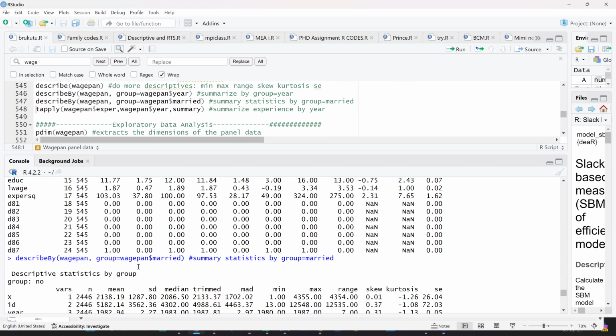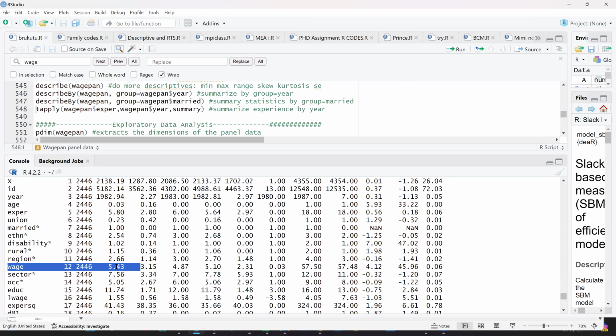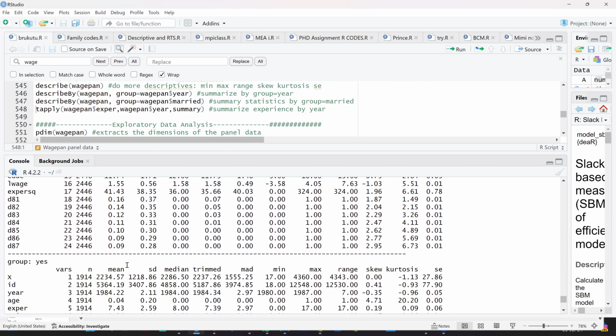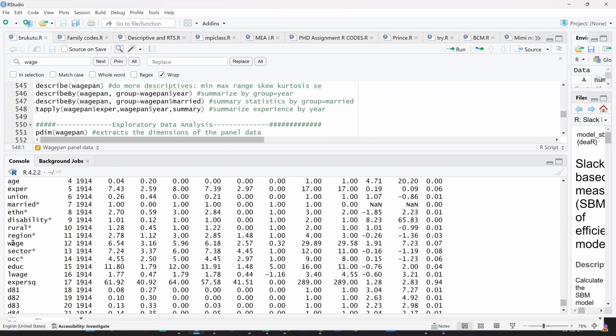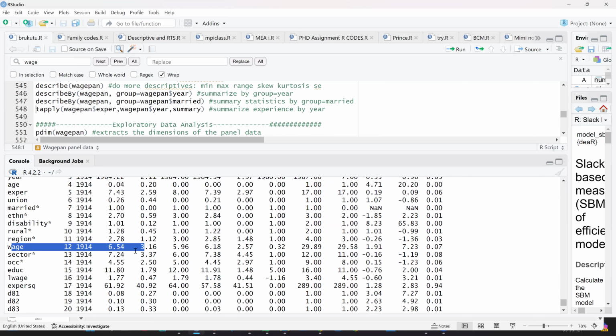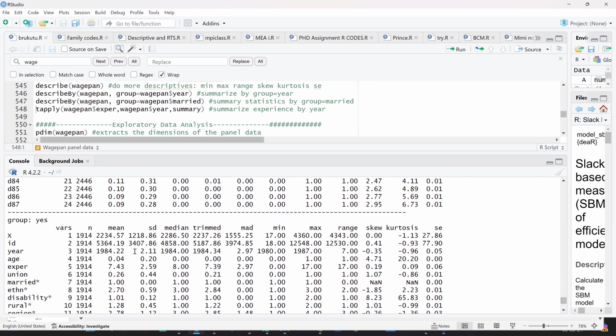So you will notice that the average wage of those that are not married is $5.43. And let's go and check those that are married. The average wage for them is $6.54. So when you are married, you seem to, on average, get more income. So you are able to get descriptive statistics by groups as well.